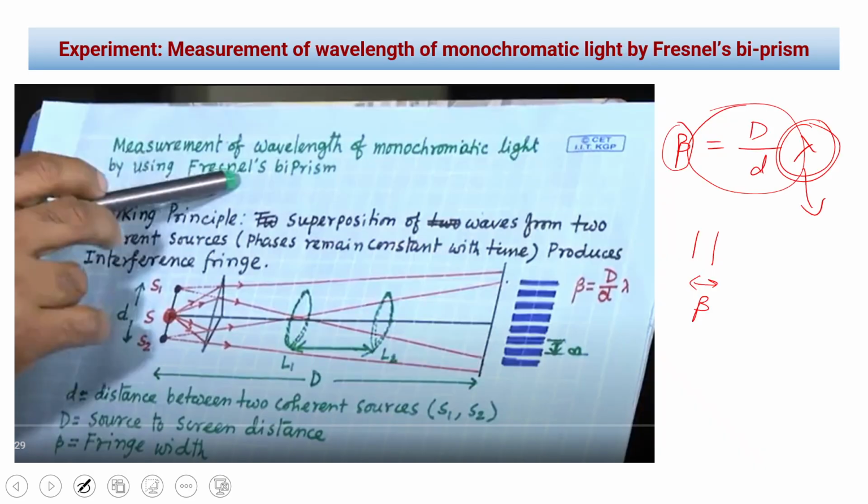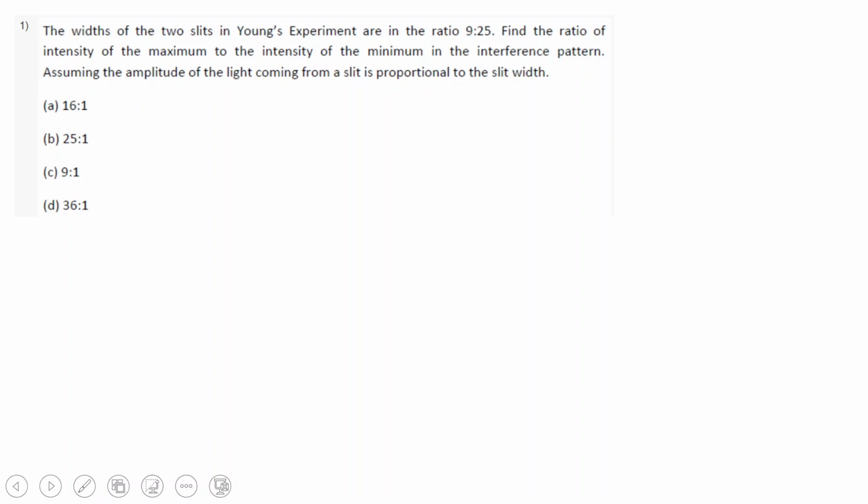So let's now start discussing various numericals based on fringe width and Young's double slit experiment kind of topics that we have discussed. Okay, so the first question is: the widths of the two slits in Young's double slit experiment are in the ratio 9:25.